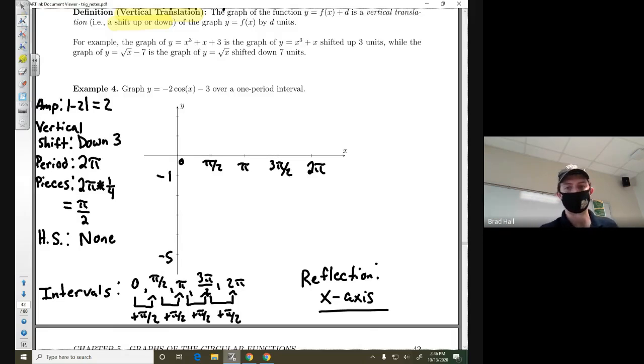So this is a cosine graph. This is the cup. But since this is a reflection, it's the upside down cup. So without the reflection, it's going to be exactly, this is without the reflection.